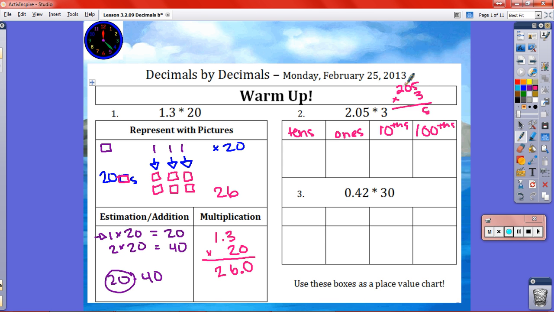That's 15, that's 1, that's 6, so we get 615 hundredths. I have to put the far right digit in the hundredths place, but I can only have 1 digit per place, so I put any overflow into the left digit spaces, and my decimal goes between my ones and my tenths. So 615 hundredths is the same as 6 wholes and 15 hundredths.